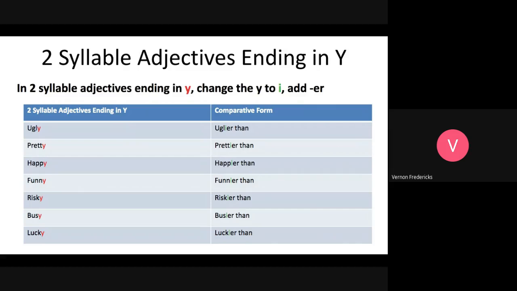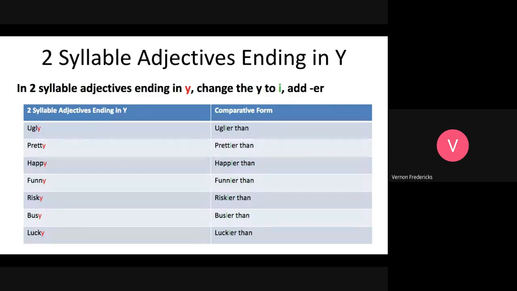Okay, next one is pretty. In the comparative form, I delete the Y and I write IER, prettier than. Sarah is prettier than her sister. Okay, happy. In the comparative form, I delete the Y and I have IER.